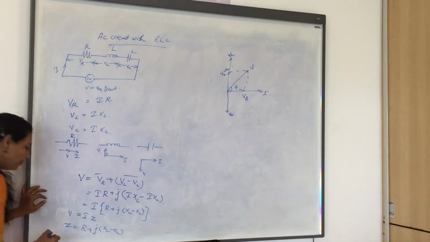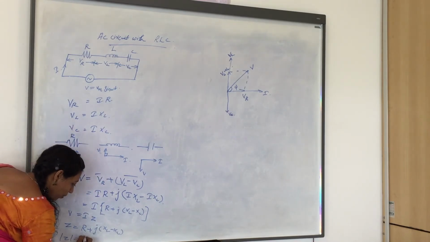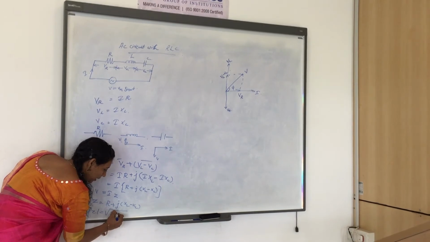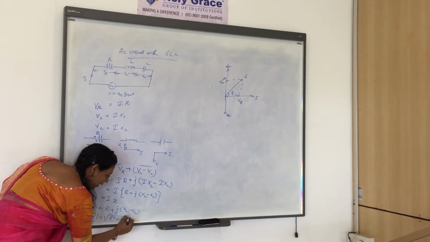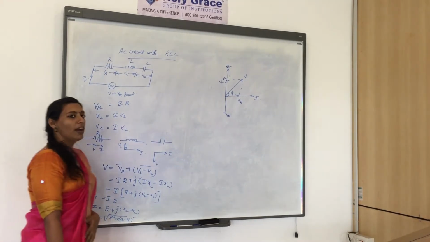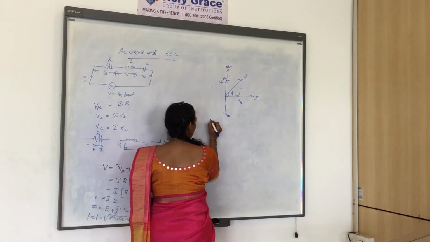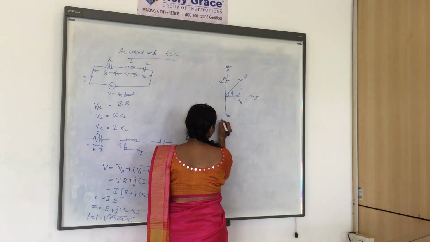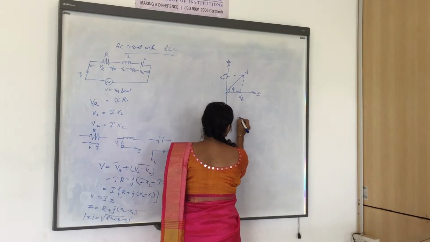The magnitude of impedance Z is equal to root of R square plus XL minus XC all square. Next we have to draw the impedance diagram or impedance triangle.